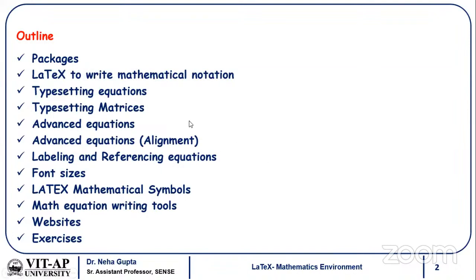After that, we'll start the typesetting of the equation. A few examples I'm going to show you, a basic example. Then after that, we will see the advanced equations. In that, we'll see the matrix notation, how we can represent matrices. Then in advanced equations, we'll see the multi-line equations, the equation array.